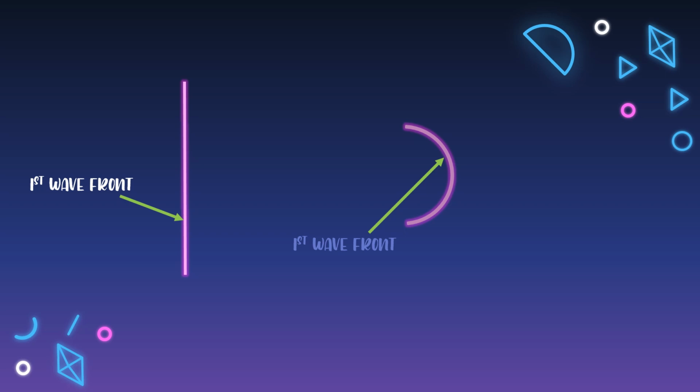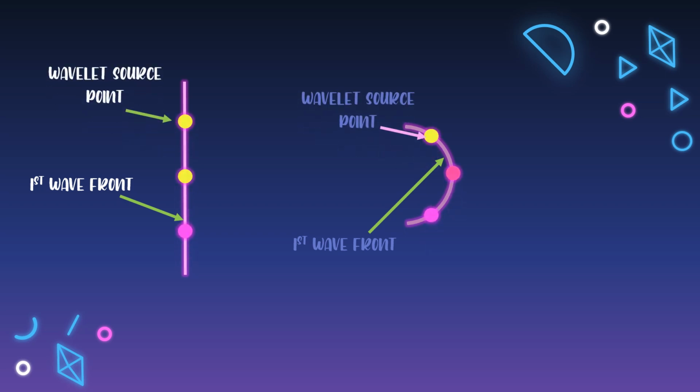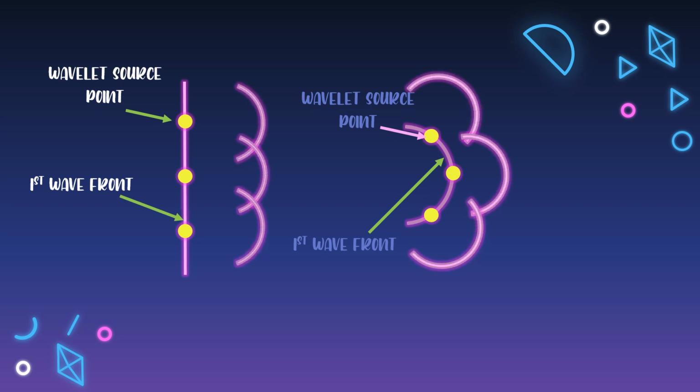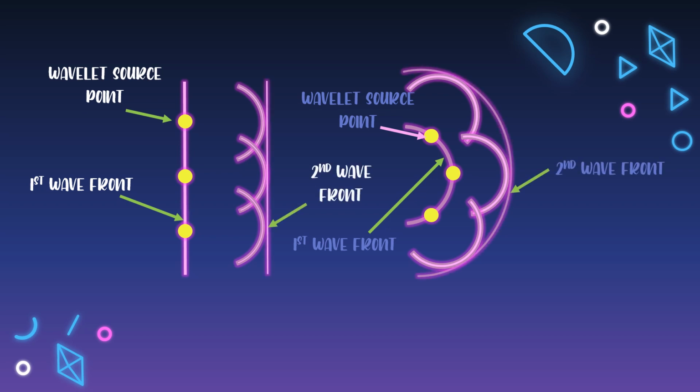According to Huygens Principle, you can freeze any wavefront at any time and think of each point as a source of little spherical waves called wavelets. These wavelets then travel, expanding in bigger spheres. We can construct a new wavefront from these wavelets by connecting points that are tangent to the wavelets.